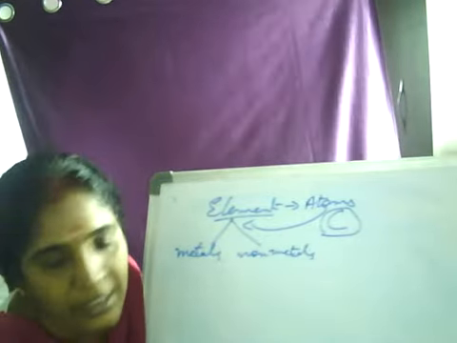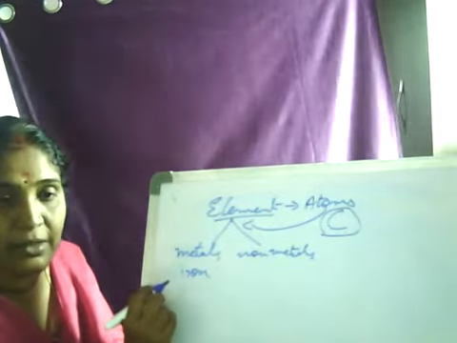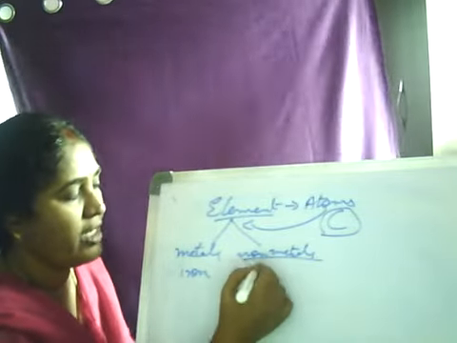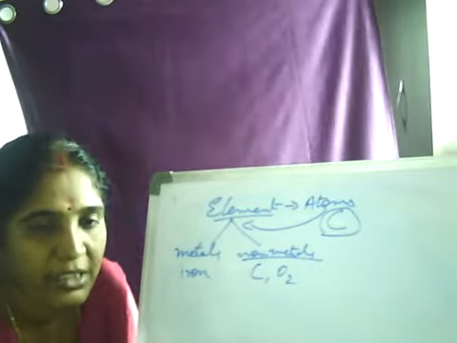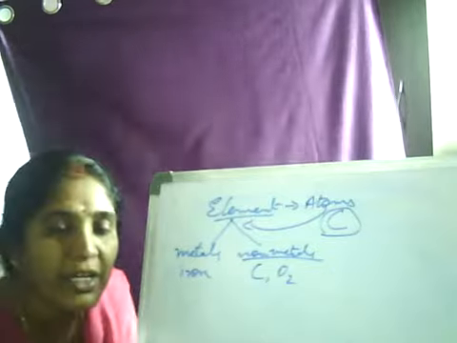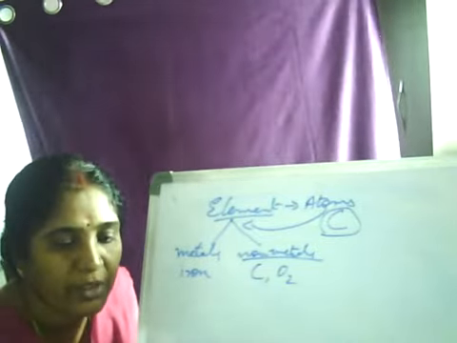For example, under metals you can take iron, that is an element. Whereas under non-metals you can take carbon, oxygen. All these become non-metals. So as such, we define an element as consisting of similar type of atoms. They exhibit the same property.